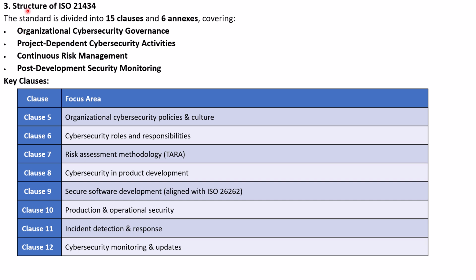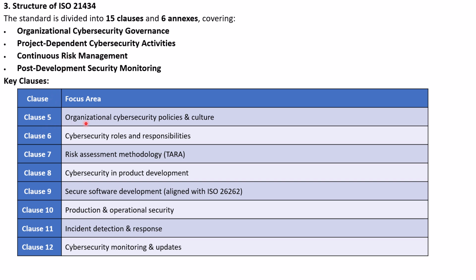Now, in the structure of ISO 21434, the standard is divided into 15 clauses and 6 annexes. This covers organizational cyber security governance, project dependent cyber security activities, continuous risk management, and post development security monitoring. Now let's see some key clauses in this ISO 21434.